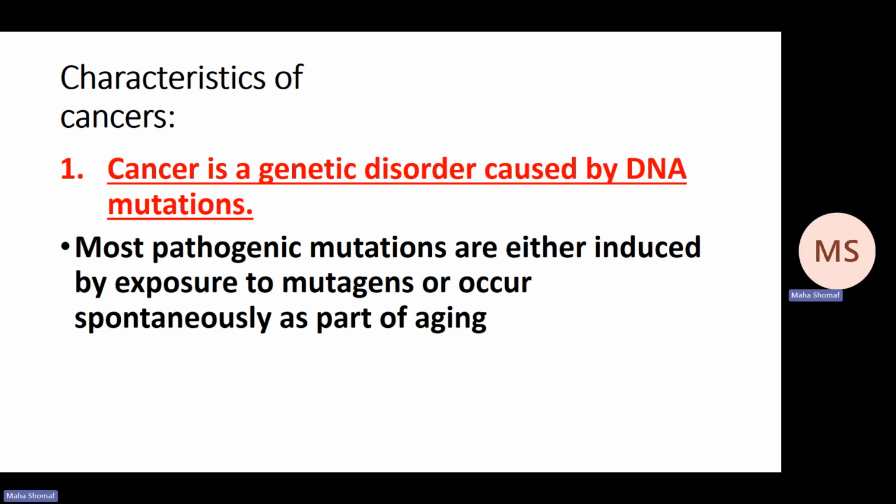So after exposure of cells and their DNA to some mutagens that are present in the environment, cells change and they acquire some DNA abnormalities that transform them into cells that are considered abnormal or transformed cells. This partly can occur also by aging, and DNA mutations and abnormality can be acquired with increasing age.